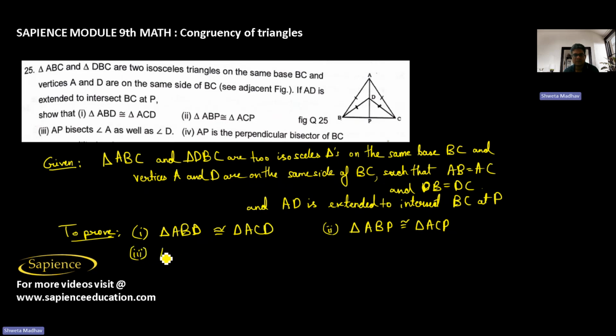Third part is AP bisects both angle A and angle D. And fourth subpart is AP is the perpendicular bisector of BC.